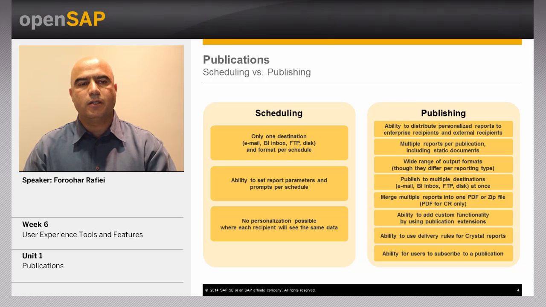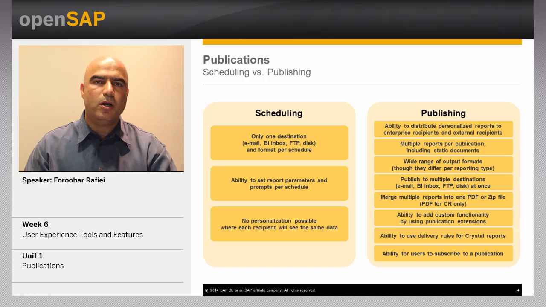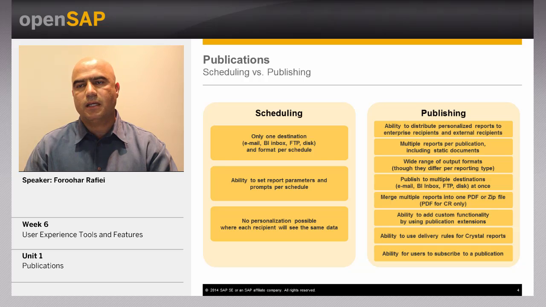So you can either schedule it to a BI inbox, an FTP, a disk, etc. You also, in scheduling, have the ability to set report parameters or prompts per schedule, and you cannot personalize the report, so all the recipients will see the same data.